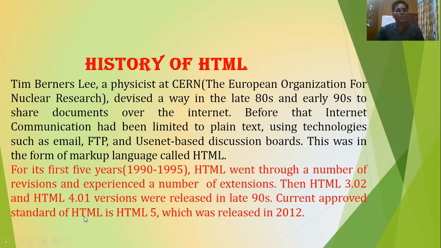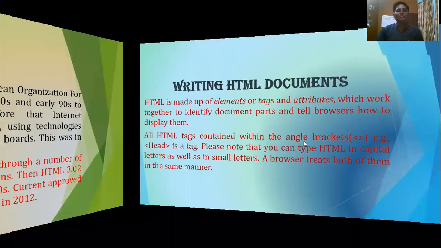The current approved standard of HTML is HTML5, which was released in 2012. Though there were other versions, they are lower versions like 3.02 and 4.01. This is the history of HTML.